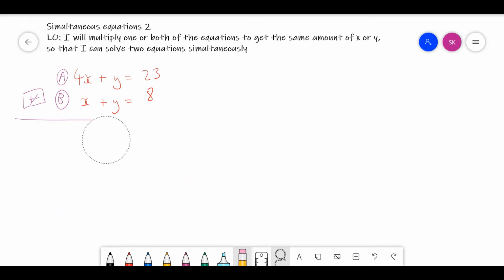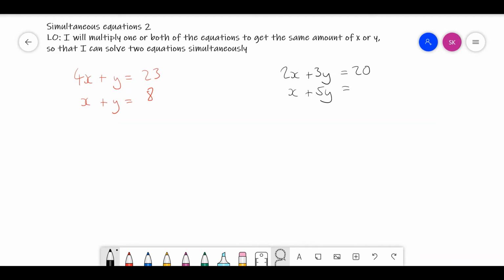So I'm going to leave just these two equations on the screen, and I'm going to compare these to these two equations. Both sets of equations have two unknowns. We've got this set here in red, and we've got this set over here on the right in black.